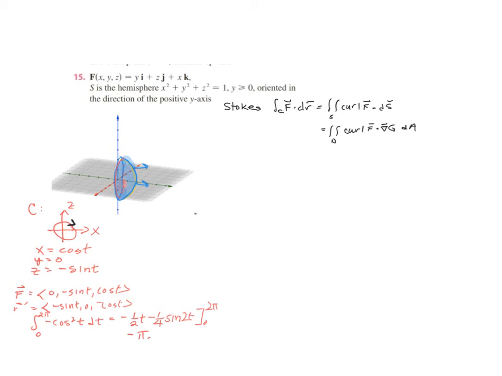So it makes most sense to think of our surface as y is 1 minus x squared minus z squared. So g of x and z. So we're going to be doing this one from the other point of view. Everything's going to be in terms of x and z. So this is good practice.